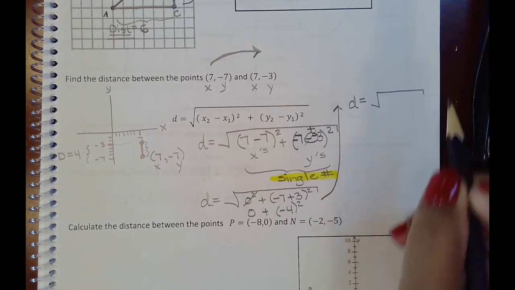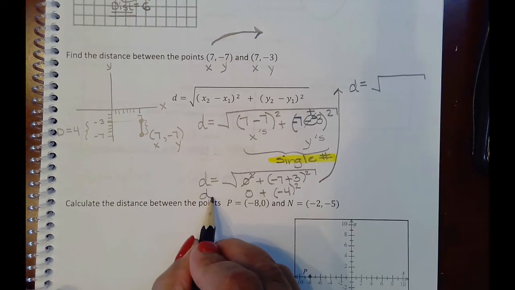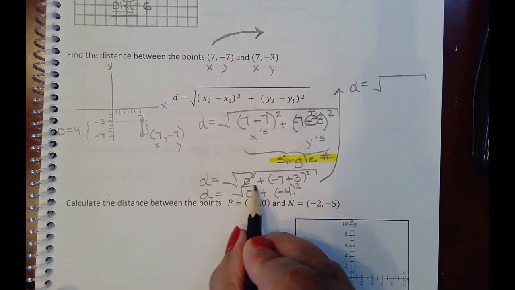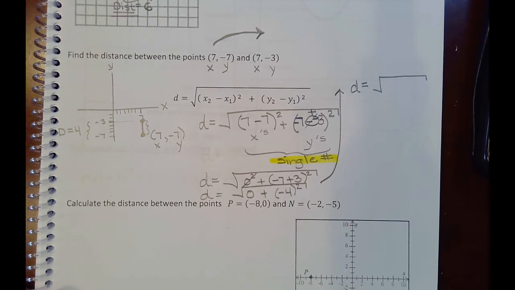Okay, now when you put this in your calculator, if you are going to get the assistance of your calculator, you need to understand that you need to enter this exactly like it is since it's a negative, or else you're going to get a negative underneath your radical. And when you try to press that into your calculator, you're going to get an error.